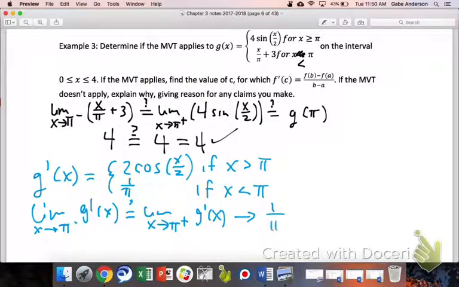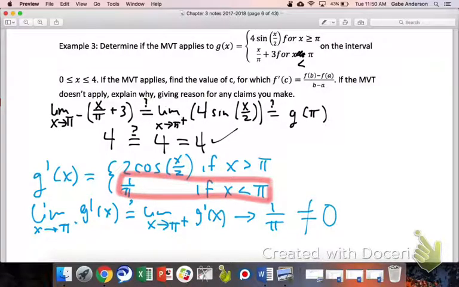Don't we get 1 over pi? Does that make sense? What about from the right? What do we get? Say it again. Cosine of pi over 2 is 0. 0 times 2 is 0. Oh my gosh, look at that. They're not equal. What does that mean? Not differentiable. Therefore, can't use the MVT.